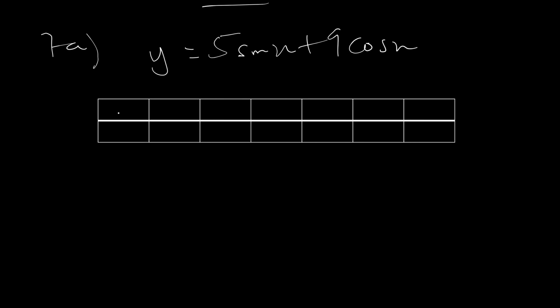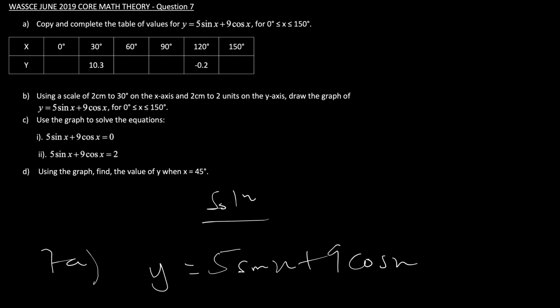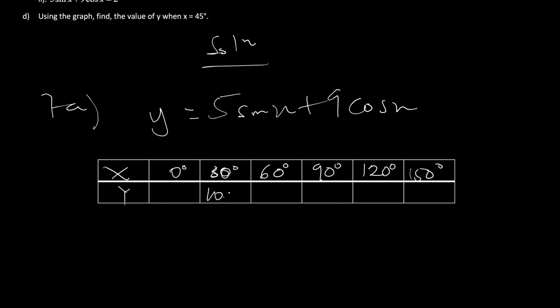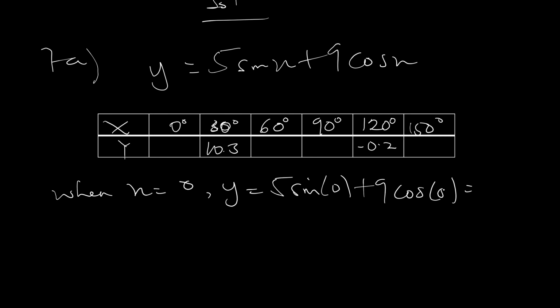So we have our x and our y: 0, 30 degrees, up to 150 degrees. And for y we have 10.8 and negative 0.2, 10.3, negative 0.2. So when x is equal to 0, y is equal to 5 sin 0 plus 9 cos 0.